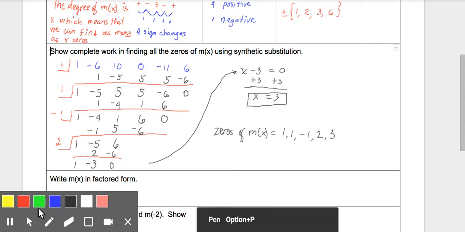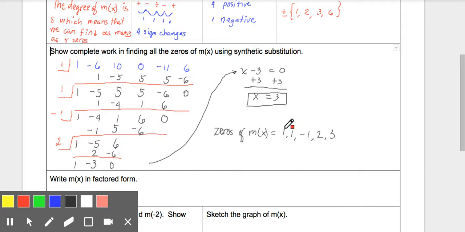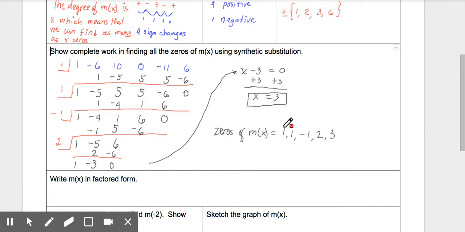So this means that since 1 is doubled, it's a double 0, the graph will bounce at 1. But we'll cross the x-axis quickly at negative 1, 2, and 3.